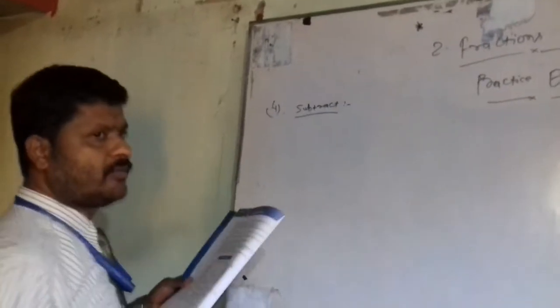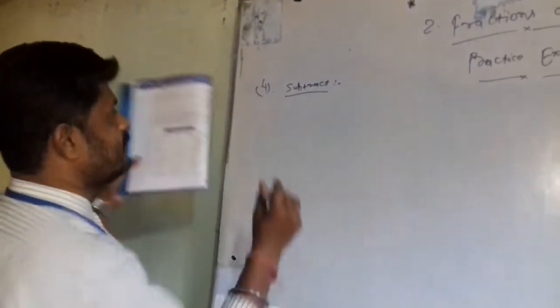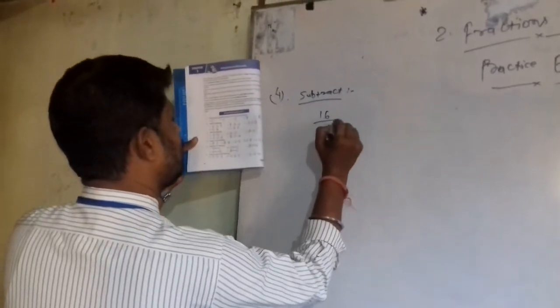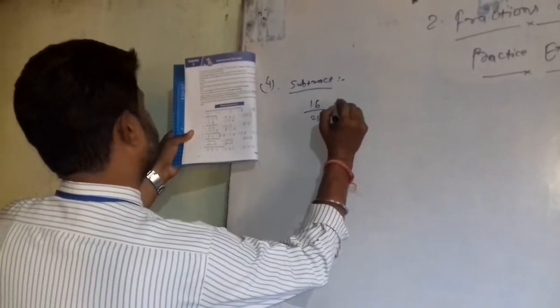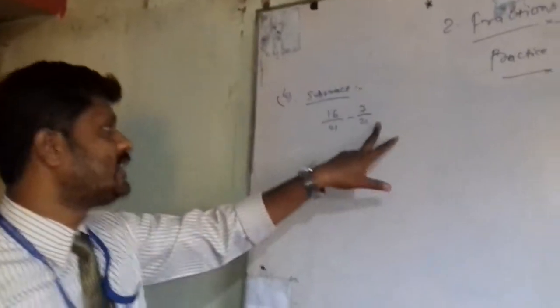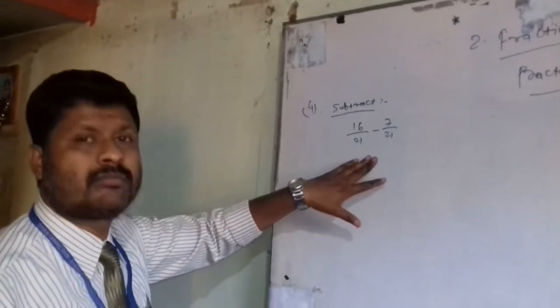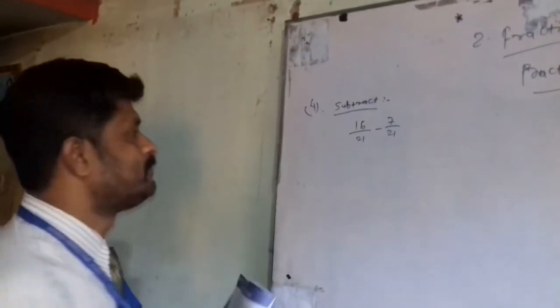In question number 4 you have to subtract. That means 7/21 has to be subtracted from 16/21.